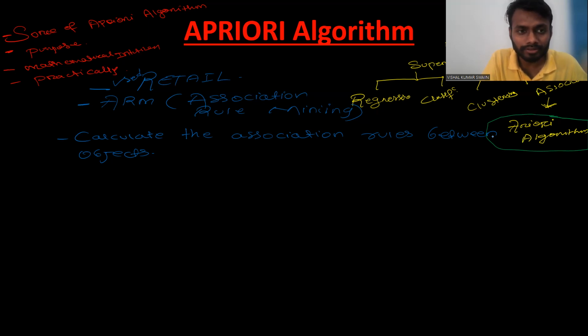Are you getting what I'm trying to explain? So here, how two or more objects are related to one another.